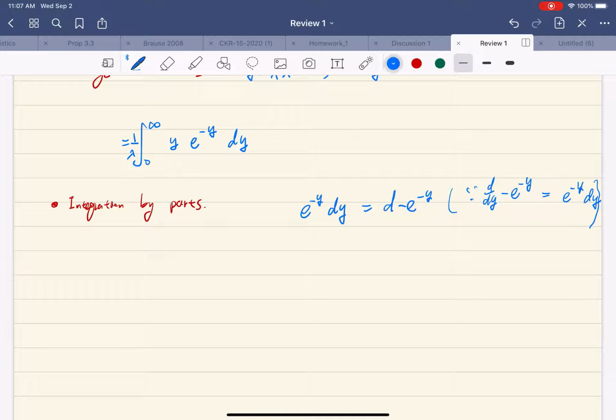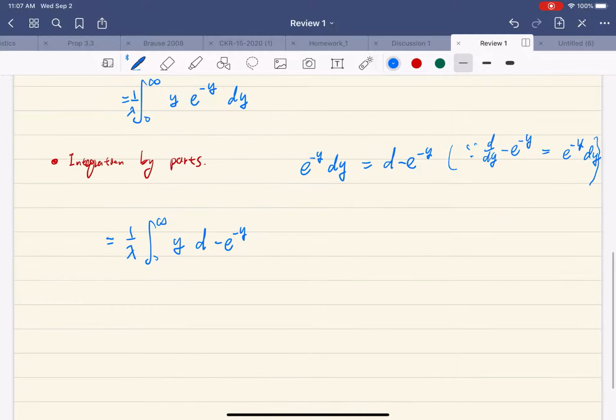So we can have 1 over lambda, sorry, 1 over lambda integral from 0 to infinity of y d(negative e to the power negative y).